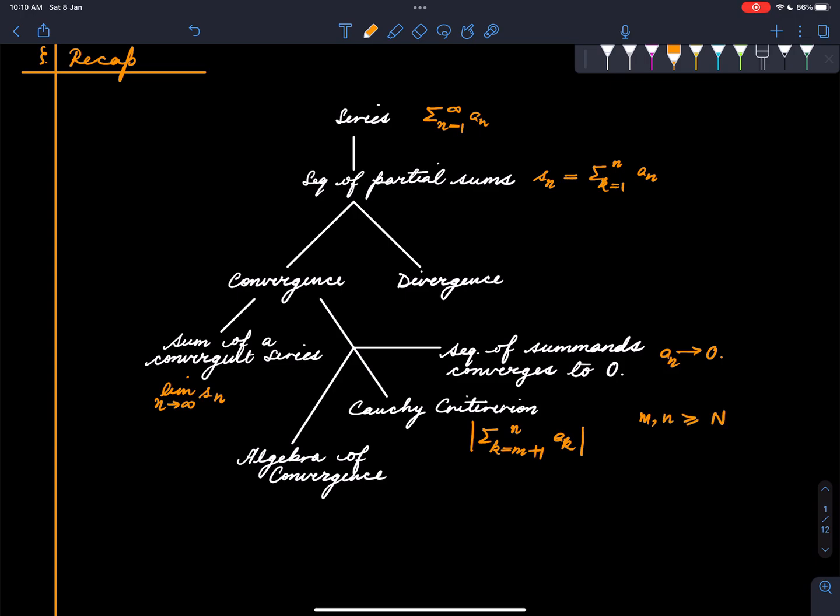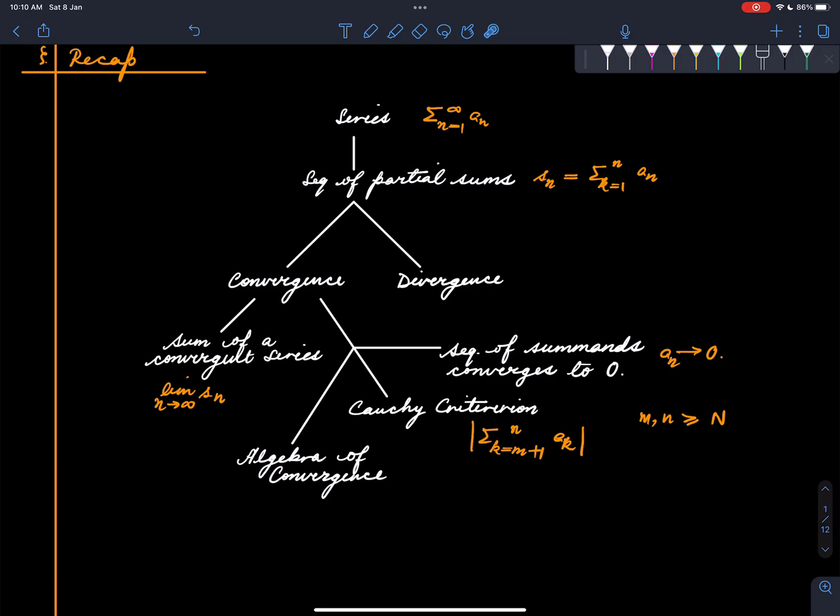So for all epsilon greater than 0, there is some natural number N such that whenever m and n are greater than N, this thing is less than epsilon. That's the if and only if condition for a series to converge. It follows simply by applying the Cauchy criterion for convergence to the sequence of partial sums, so this is not a deep result.